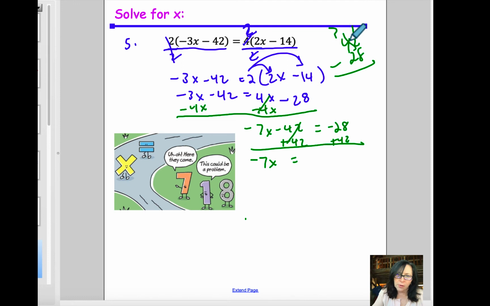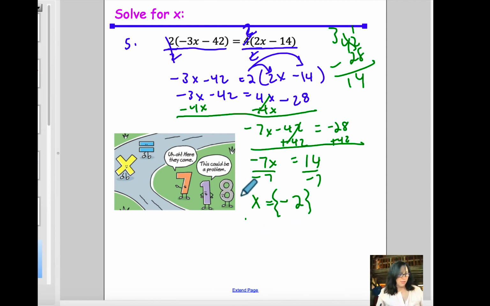I'm going to borrow, and I'm going to get 14, so equals 14. And so for this problem, I'm going to divide by negative 7, and so for problem number 5, I'm going to get x equals negative 2. This is the answer for number 5.